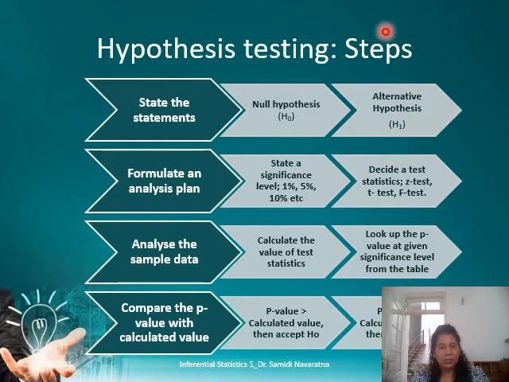Then you need to formulate your analysis plan, and you decide that you are taking a 5% significance level and a Z test, right? Say your sample is about 200 and you choose the Z test. Then you analyze it, you have a calculated value, and you look up the corresponding p-value for that Z statistic, and you get 0.002.